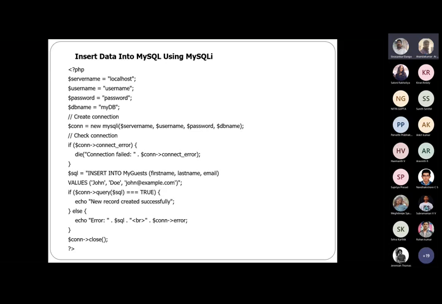We are going to insert into the table MyGuests the values like first name, last name, email ID, and so on. Then you execute the SQL query through the connection, and if the new record is added into the database, it prints a message that the new record is created successfully. Else it gives you an error message, and finally you are expected to close the connection at the end of the script.